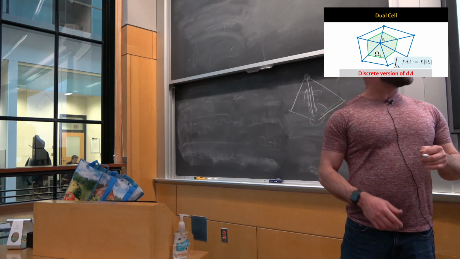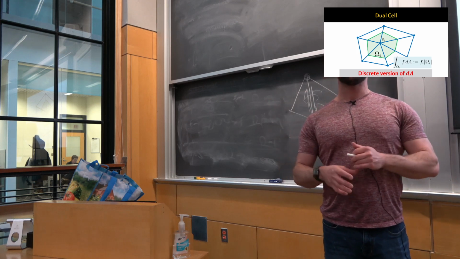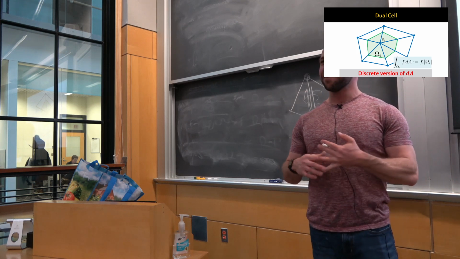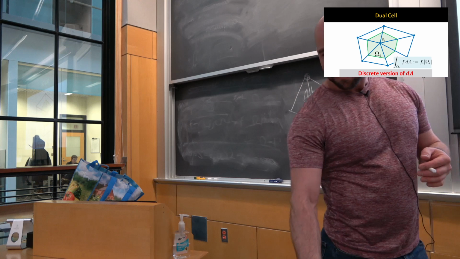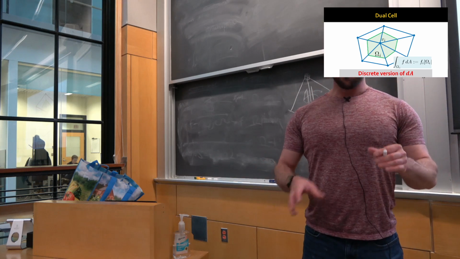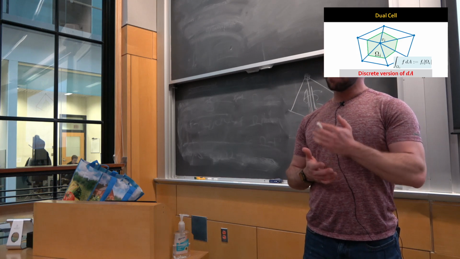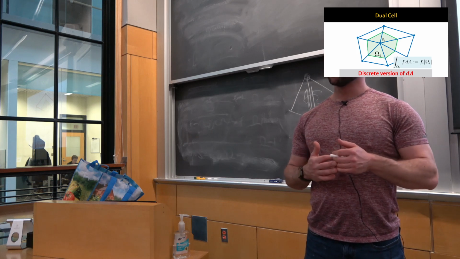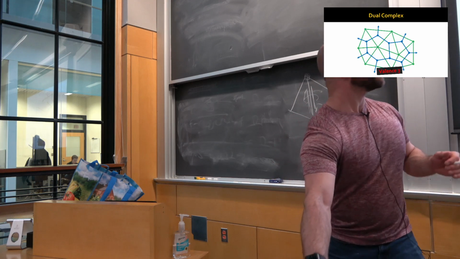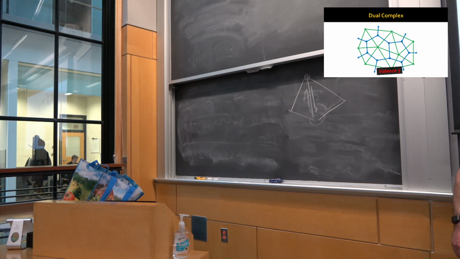Notice that that actually suggests an interesting picture, and I just wanted to draw it for you now, and then later on when we talk about exterior calculus, we'll see this is really important. There are actually 2 meshes hiding behind every triangle mesh. One of them is made out of triangles, and the other is made out of mostly hexagons. And that mesh looks like this. Essentially, I'm going to put a vertex of my blue mesh at the center of every triangle.